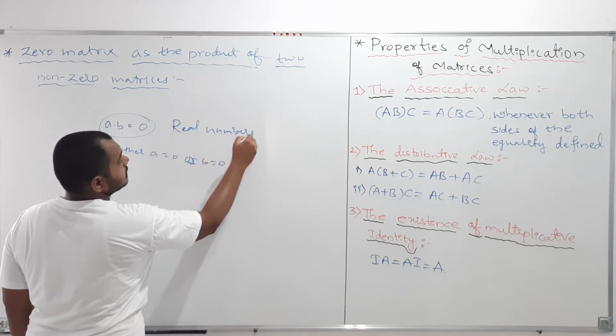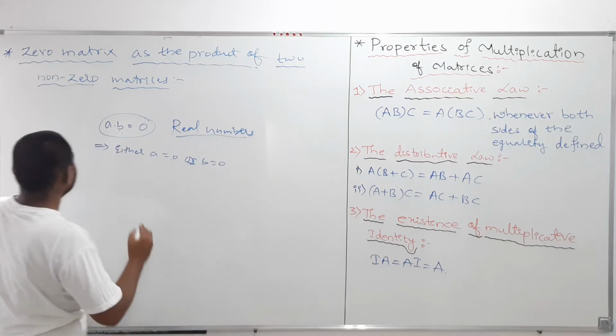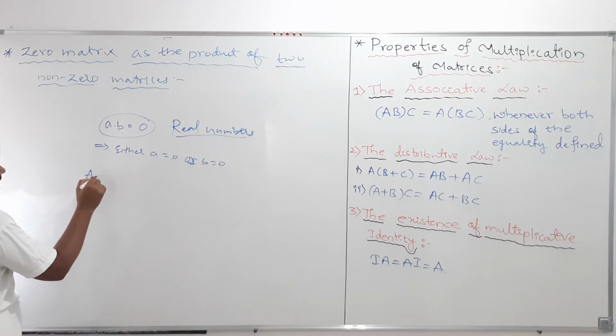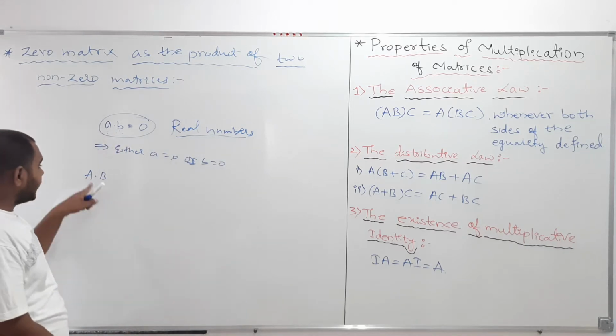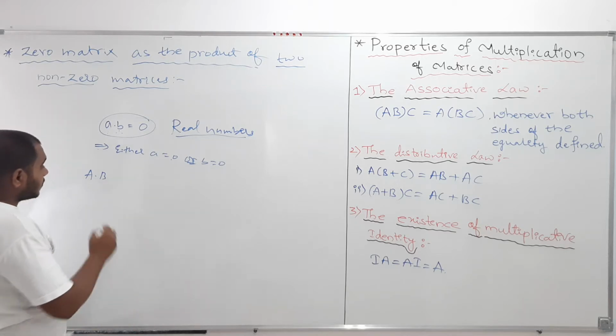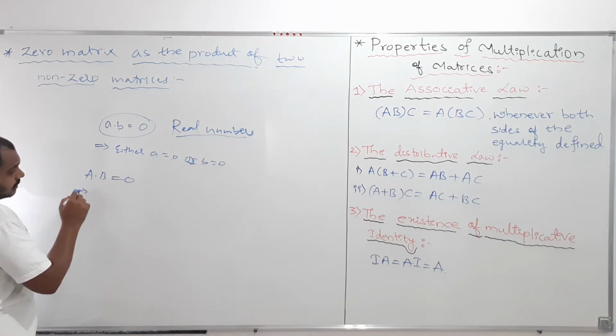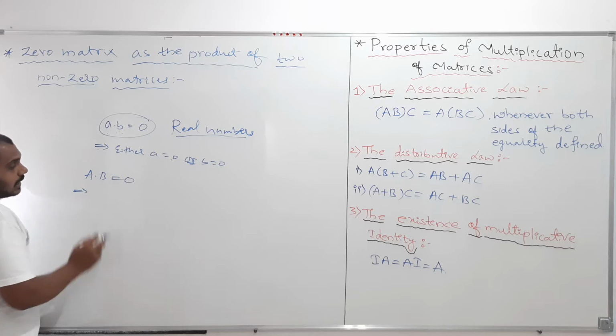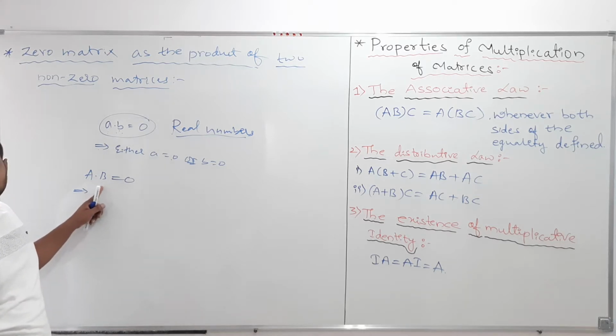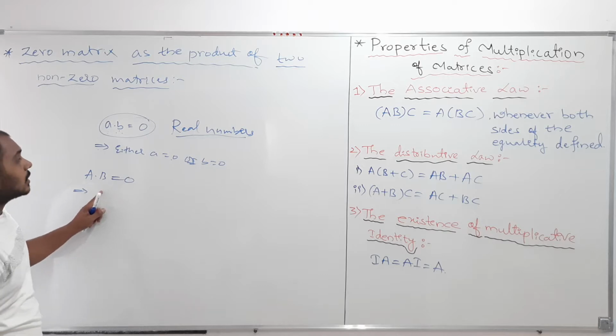Clear, my dear students? But if we take any two matrices, matrix A and B, and their product equals 0, this does not imply that A or B must be 0.